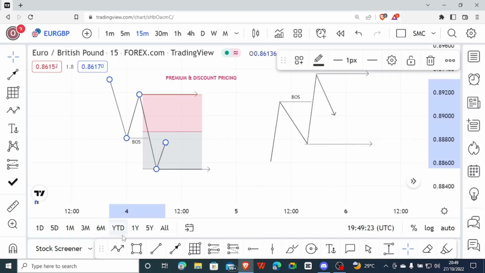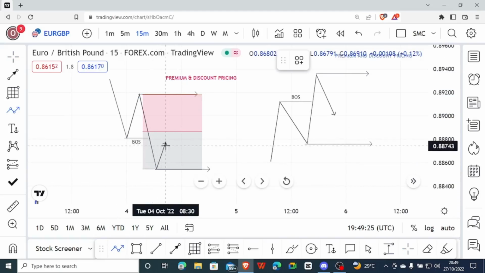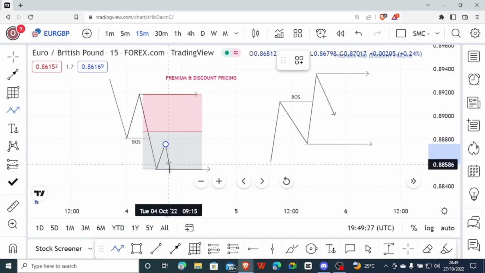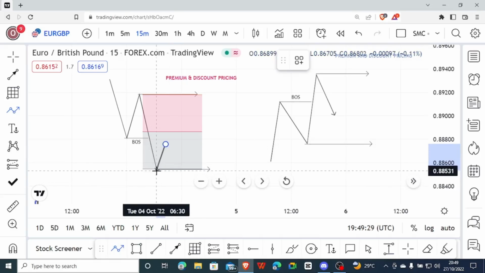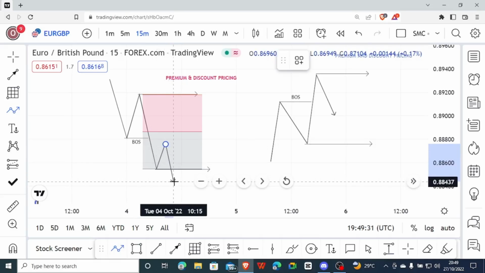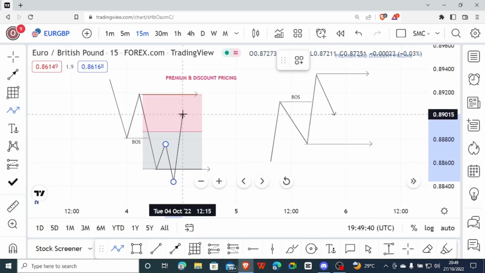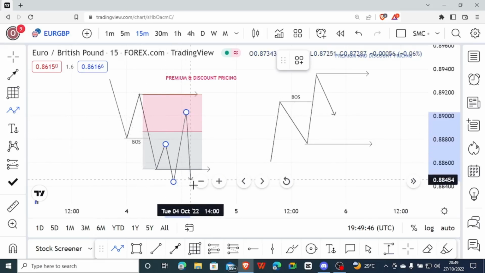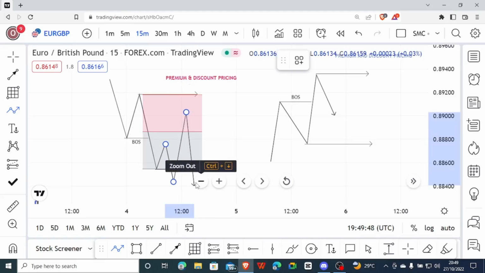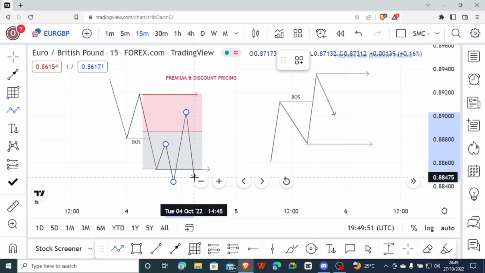If price for any reason from this point comes down to break the structure here to the downside, be sure that the institutions at some point in time will still bring price up to this premium zone to mitigate this order flow before they will now drop price. It's as simple as that.